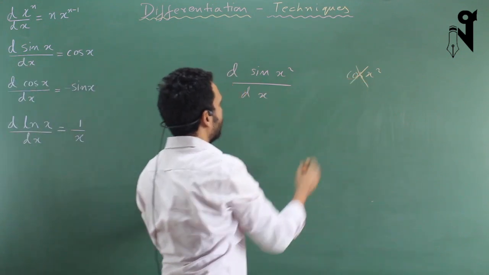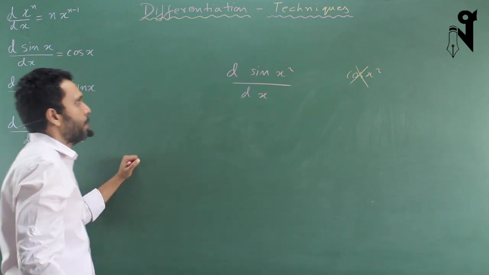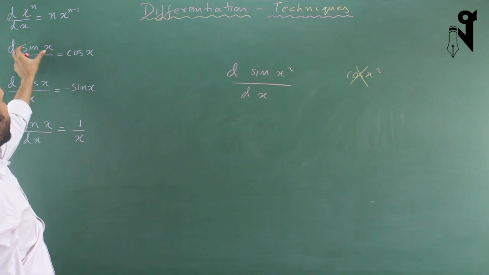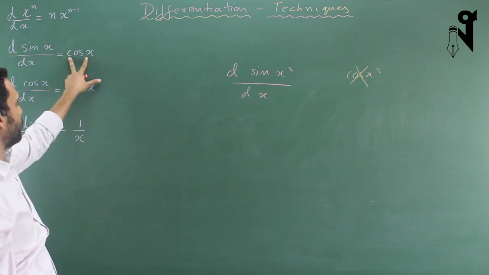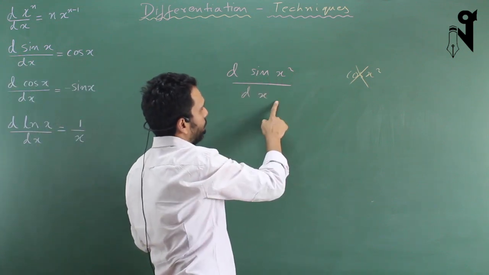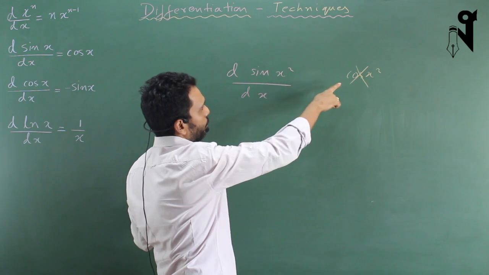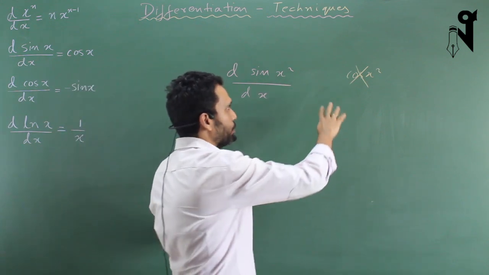That is wrong. Because if I go back to the basic definition, that is how sine x varies when x varies, and that rate is cos x, then it is not necessary that when I vary x a bit, sine x square will vary with the rate of cos x square. There is no guarantee of that. So you can't simply put that.